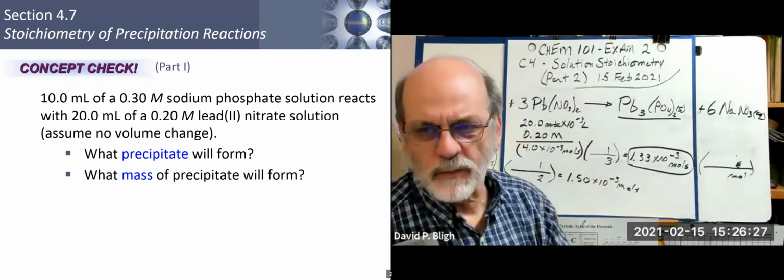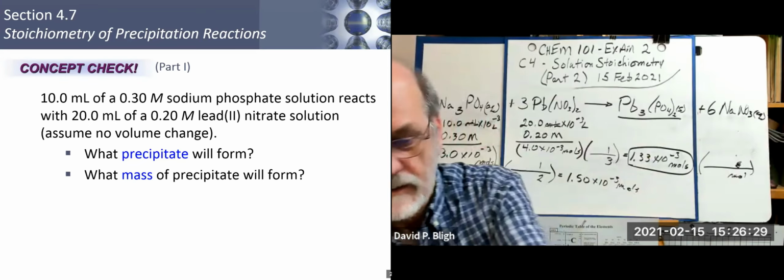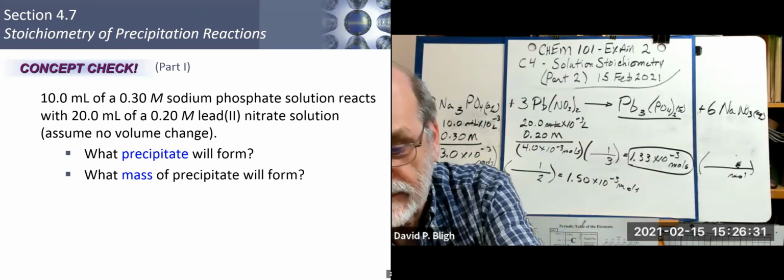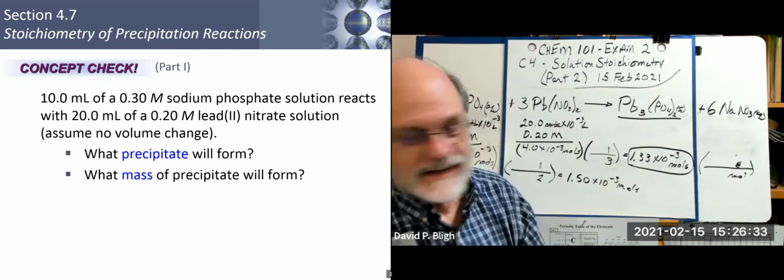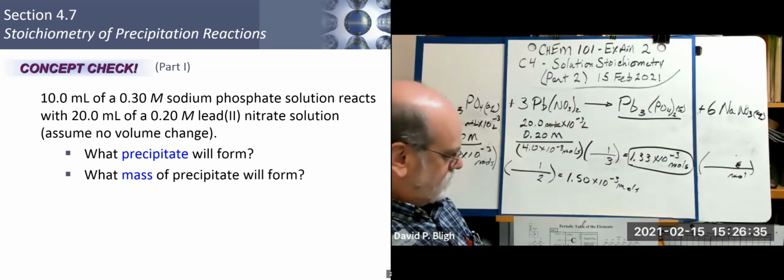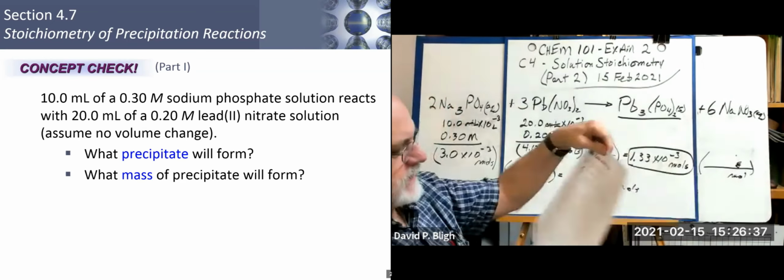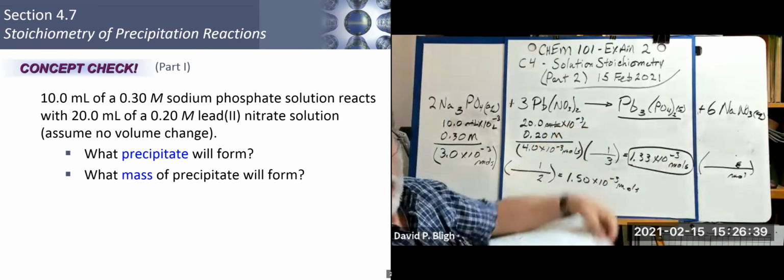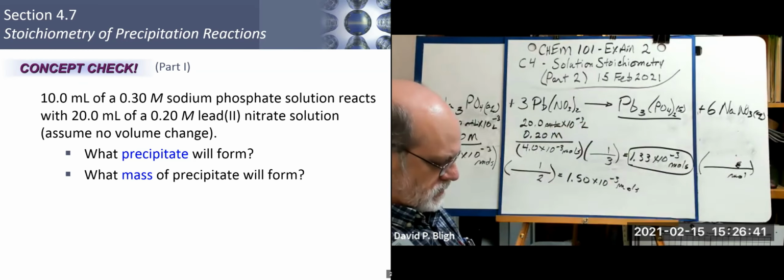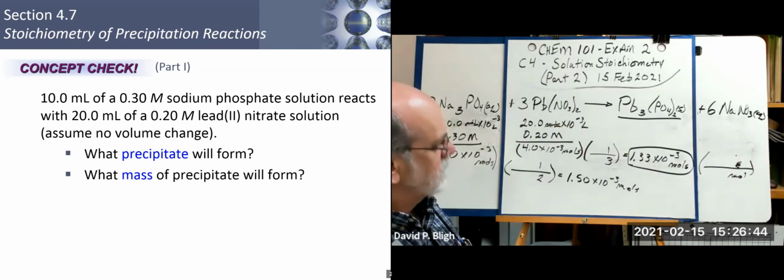Okay, so we need the molar mass of lead 2 phosphate. We just need to add up 3 leads. So I need to look it up. 207.2 times 3.